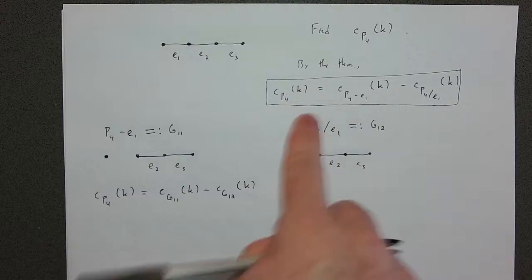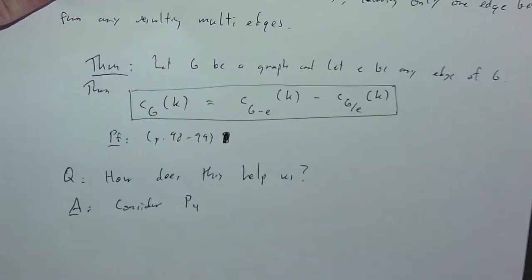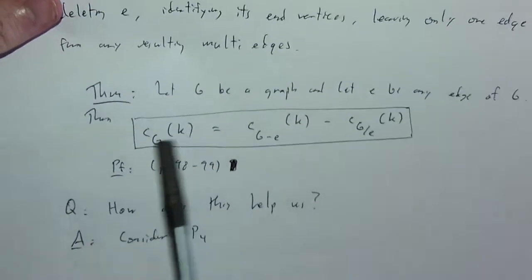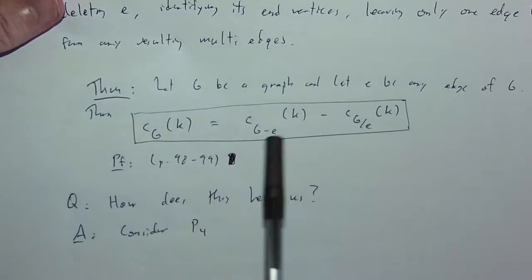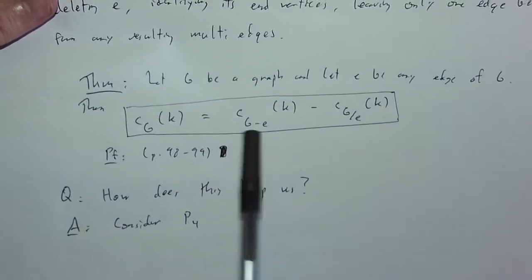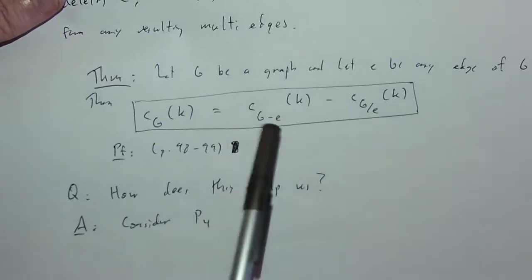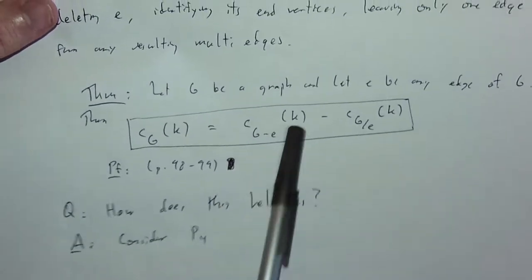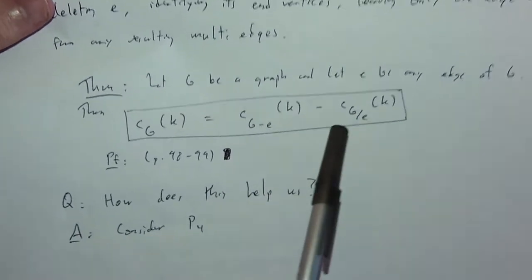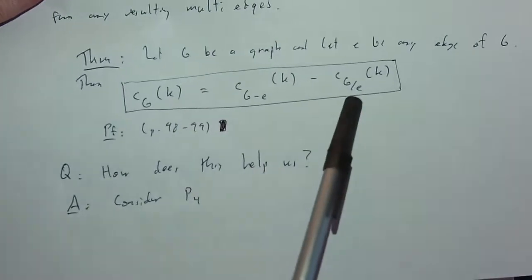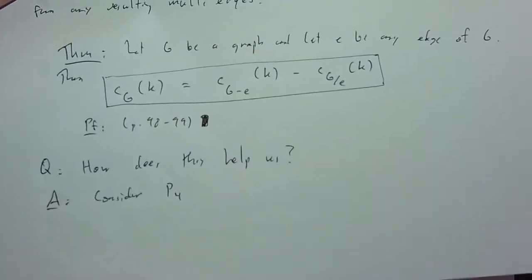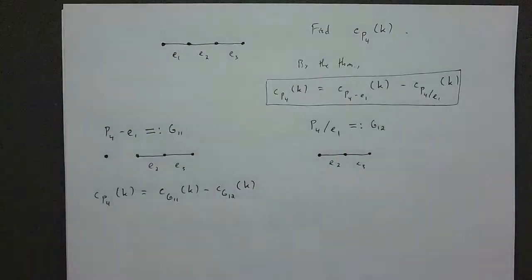When I say this theorem, of course, I mean the generic theorem, that the number of colorings on a graph G using K colors is computable in this way: the number of colorings on the graph minus an edge using K colors, minus the number of colorings on the graph mod that edge using K colors. So I'm using this again for each of these terms.